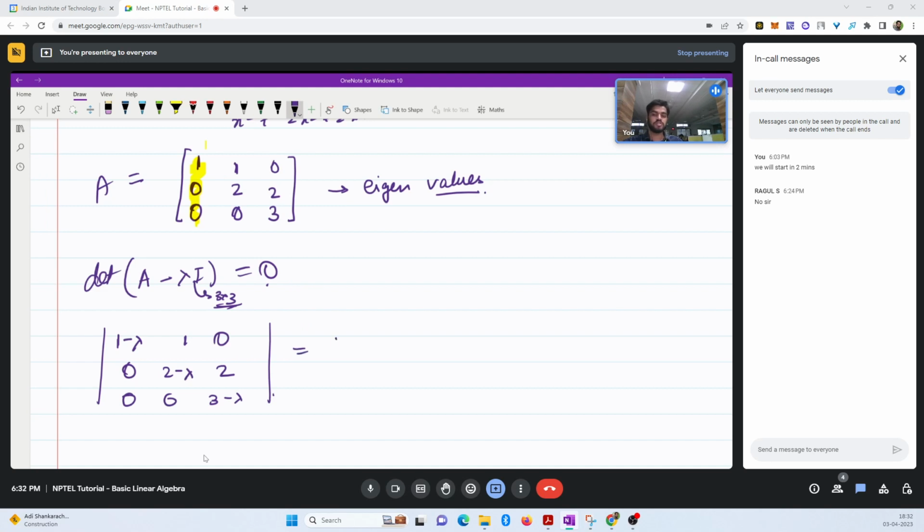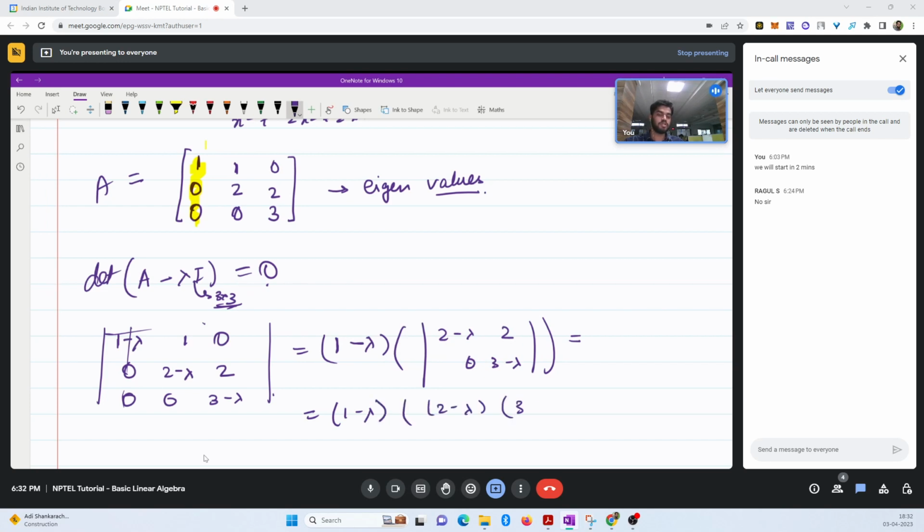So what do we obtain? This is 1 minus lambda multiplied by the determinant of, covering this row, 2 minus lambda, 2, 0, 3 minus lambda. This is nothing but (1 minus lambda) into (2 minus lambda) into (3 minus lambda) minus 0 into 2, which is obviously 0.